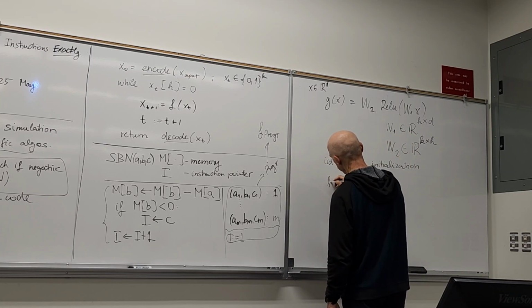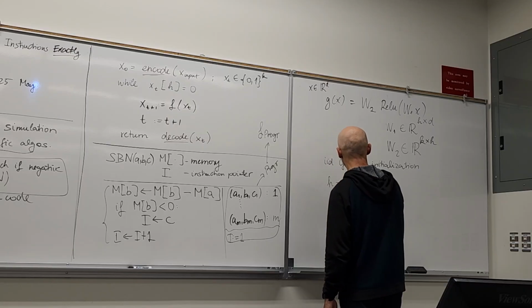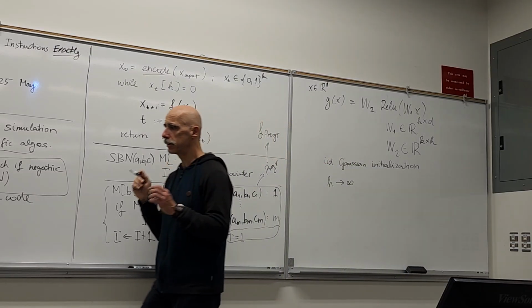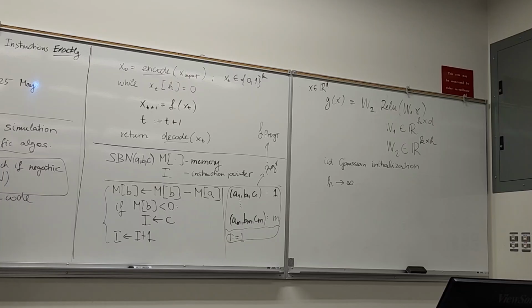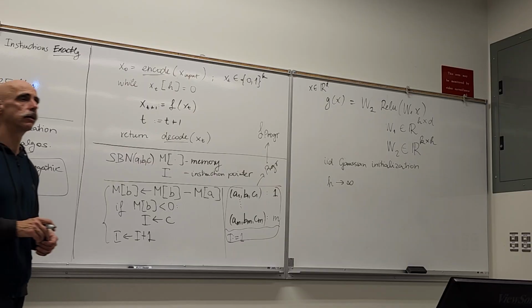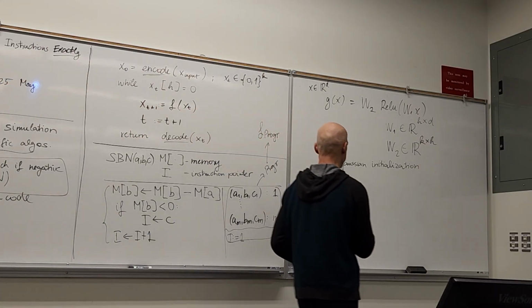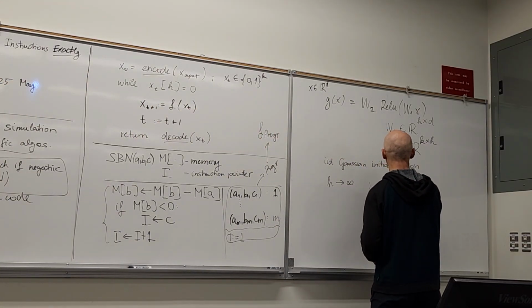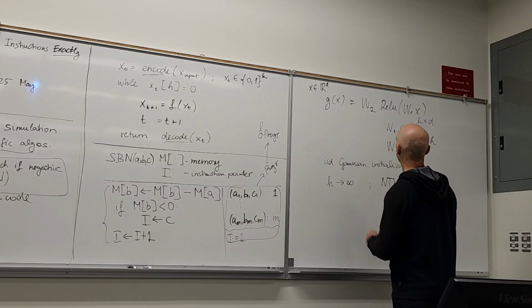And here's a dirty thing. You let the size of the hidden layer blow up. They literally don't even study the case when H is finite. But they say, let's take the limit when H goes to infinity, with appropriate scaling. Let's call it the NTK limit. How to even understand that?